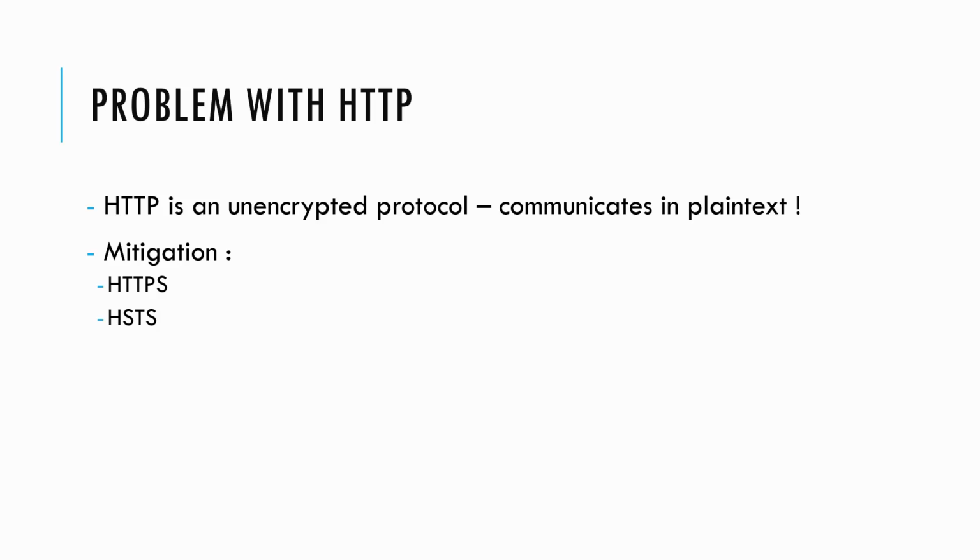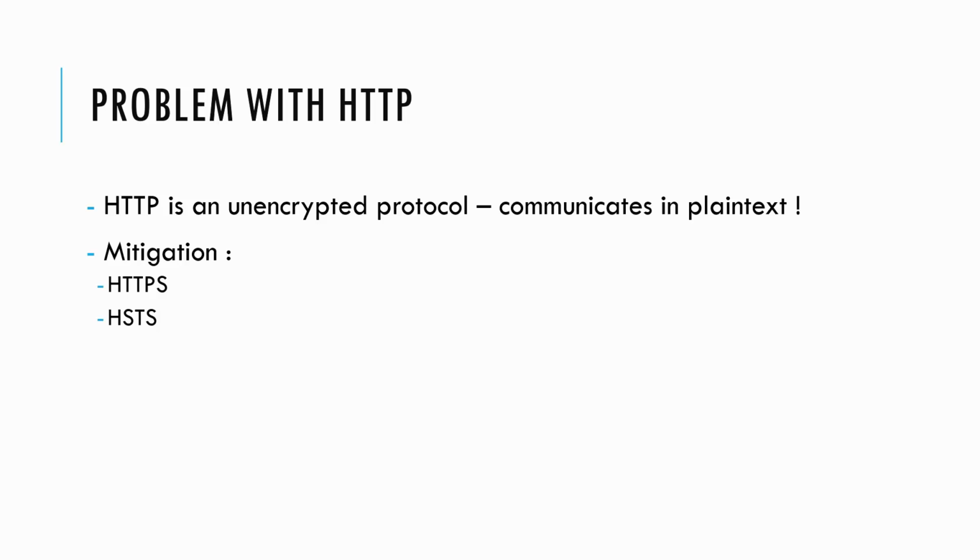Now suppose the client was communicating sensitive information. For example, if the client visited a banking website and they are communicating in plain text, then we would be able to leak credit card numbers, debit card numbers, etc., which is really dangerous.